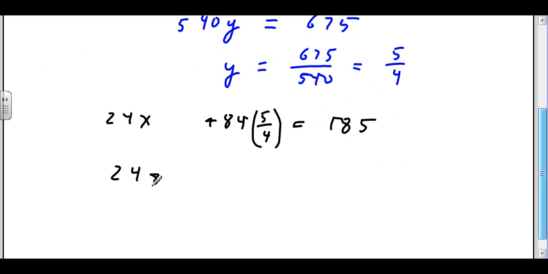24x. 4 goes into there 21 times. 21 times 5 is 105 plus 105 is equal to 185. 24x equals 80.